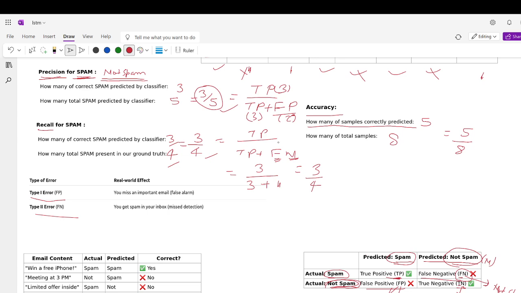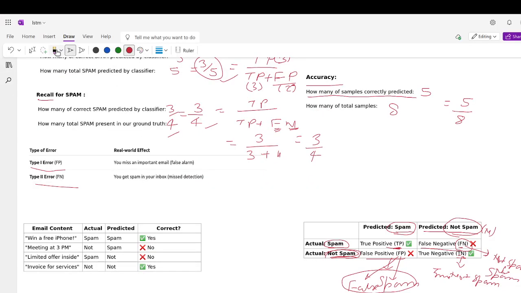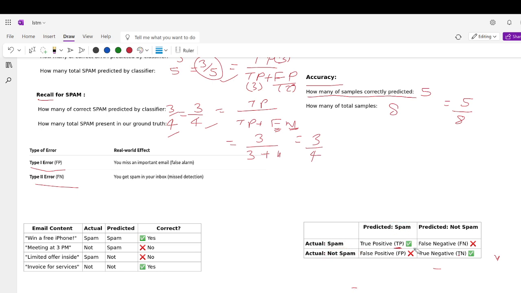So this false positive is called type 1 error. And if the mail was actually a spam, and you classify it as not spam, that is the type 2 error.